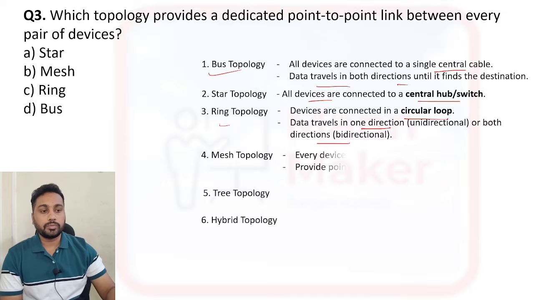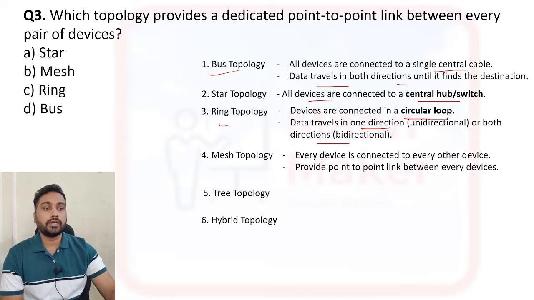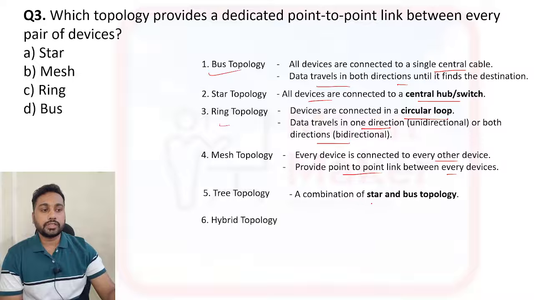Then about mesh topology. In mesh topology, every device is connected to every other device and it provides a point-to-point link between every device. Okay. Tree topology is a combination of star and bus topology, and hybrid topology is a combination of two or more topologies.